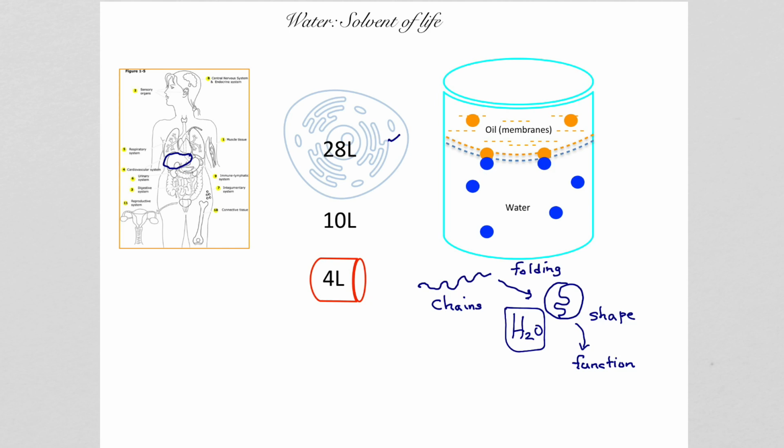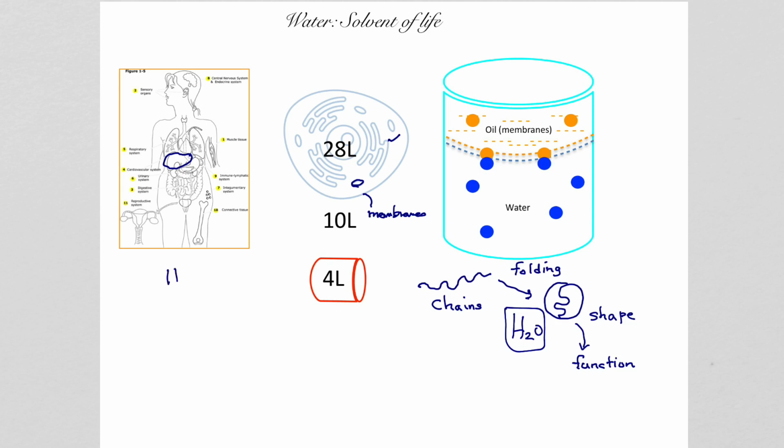Water is also responsible for the formation of membranes. Because water is everywhere, membranes are able to form because of water, and we'll talk about this later under lipids and the formation of membranes. If that's not enough, water has even another function.